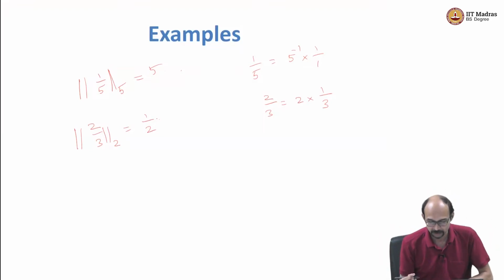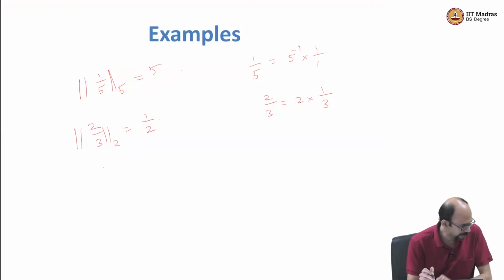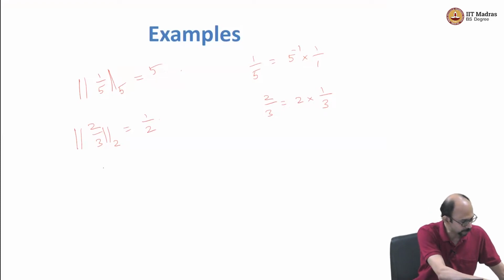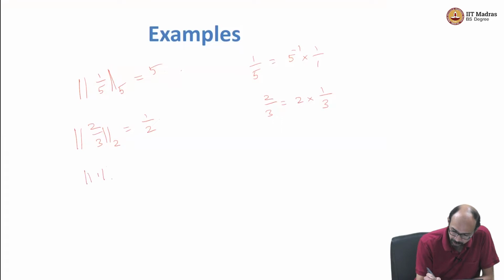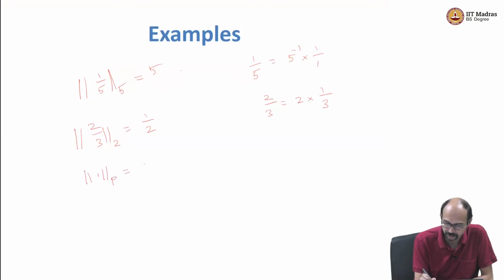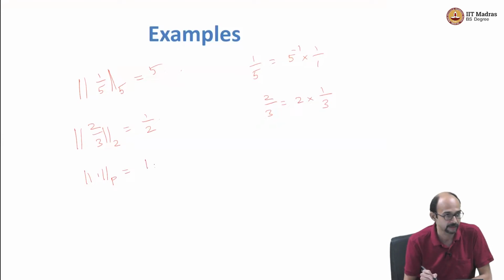So yeah, two or three things that first let's mention for what's coming ahead. What is the norm of 1 with respect to any p? So the norm of 1 with respect to any p is 1, because you can write 1 as p to the power 0 times 1 by 1.